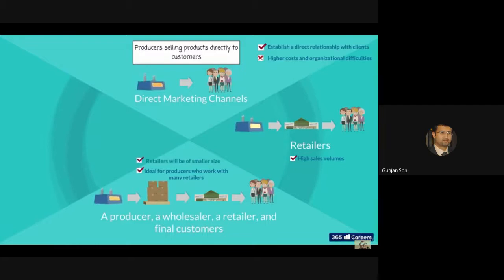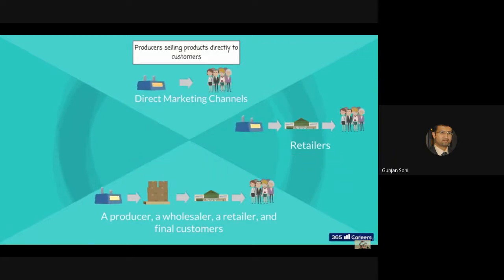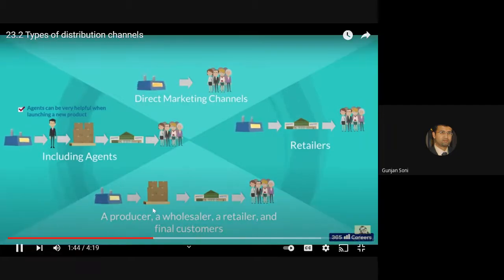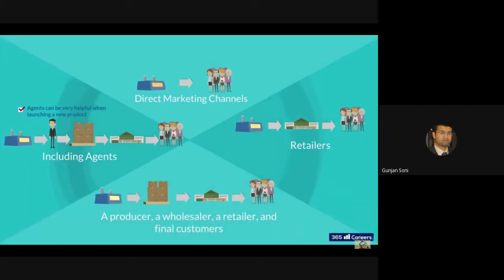The retailers in this channel will be smaller shops or retail chains that do not have significant trade volumes and need the services of a wholesaler who buys from producers. And finally, the fourth channel is the one involving agents. It is useful for new products that need a stronger push. Agents can leverage their connections and strong sales skills, communicating with wholesalers and retailers and convincing them to try selling the new product. These are the 4 types of channels we can have when selling consumer products.